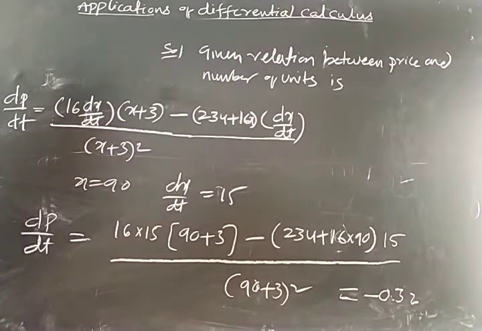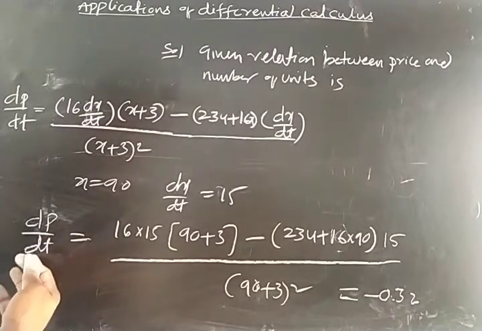So the price is changing, in fact decreasing, at the rate of 0.32 per unit. dP by dt is the price changing with respect to time.